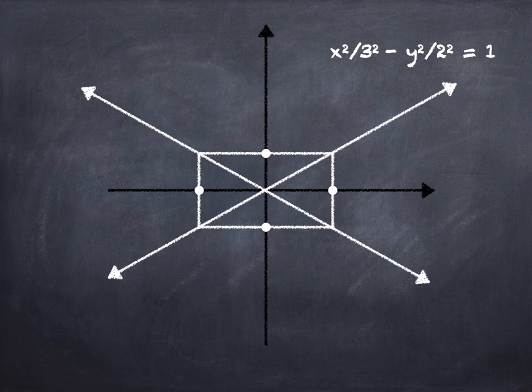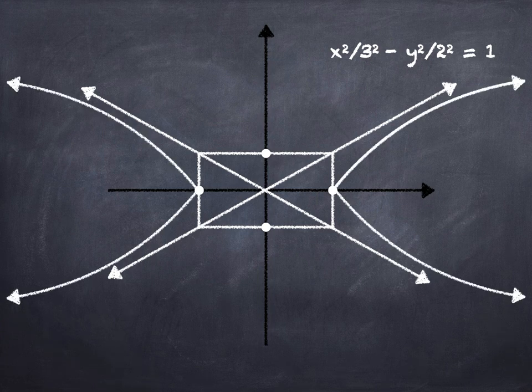Okay, so now we've got this box. We drew the lines the way we did because you draw those lines from corner to corner. Now we're going to start at the real foci, and we're going to draw a hyperbola. And there you go. It should be a little bit of a smoother curve in the middle than what it is, like at the focus, but that's as good as I can do on my computer, and probably about as good as you're going to do with your pencil also, so that's okay.